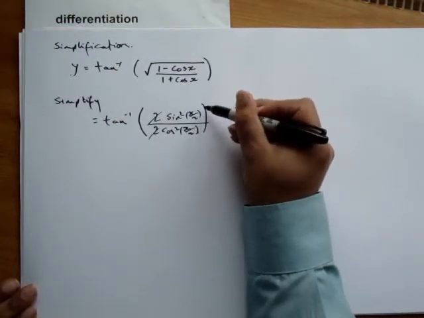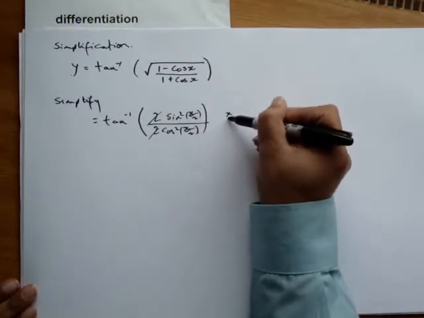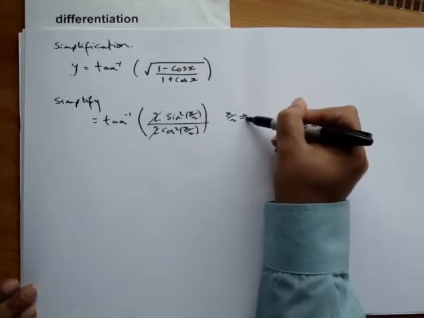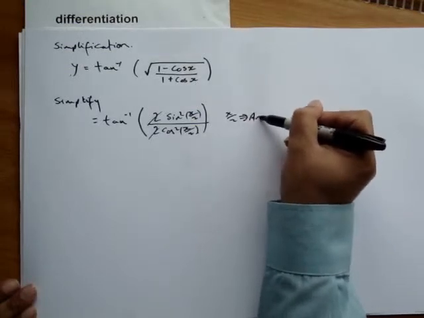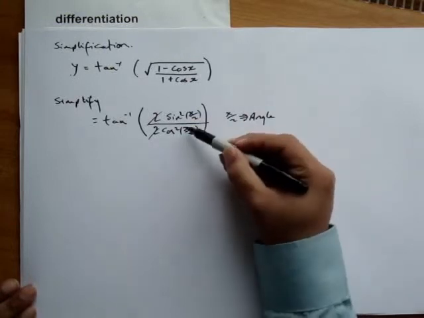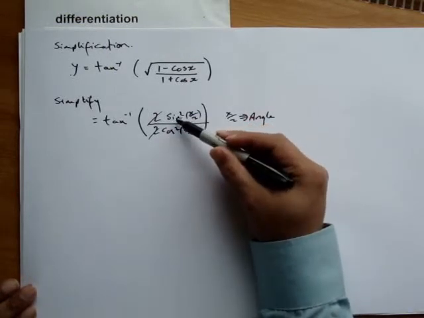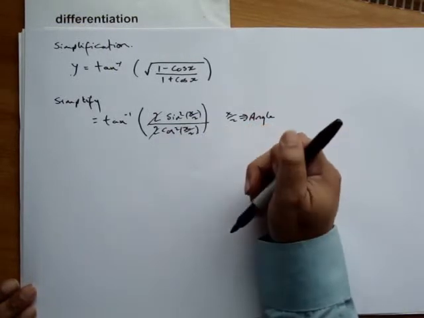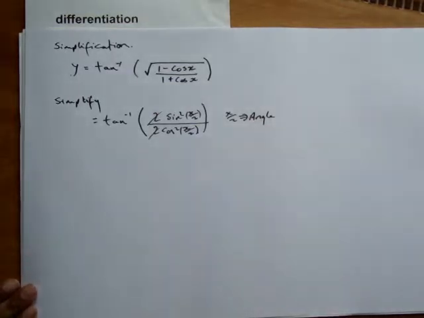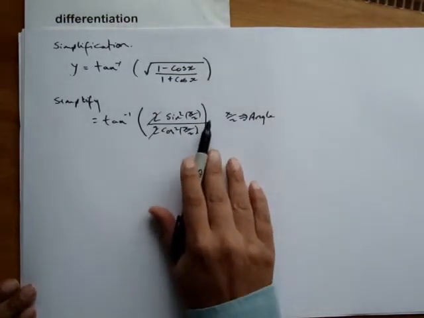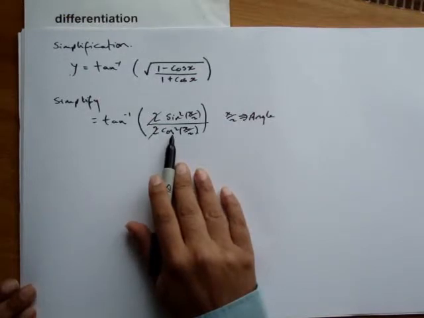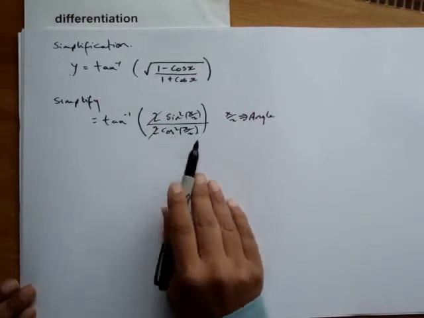This x over 2 is an angle, so we can't cross out the 2's to be left with sine squared over cos squared. So it remains as sine squared x over 2 over cos squared x over 2.